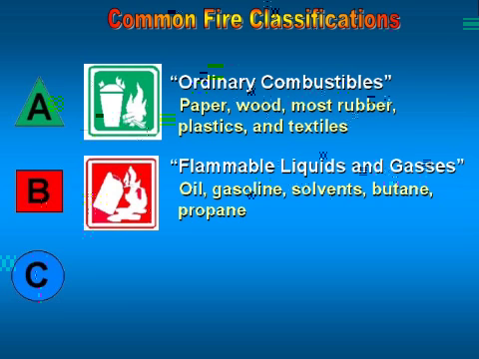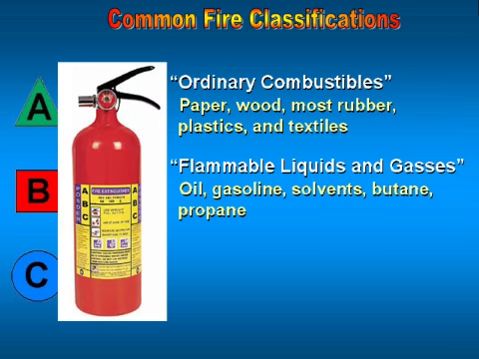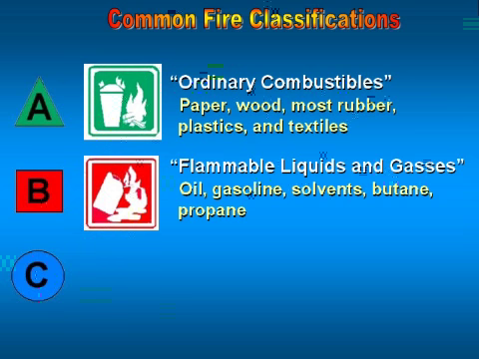Sometimes this is referred to as a dry chemical fire extinguisher, an ABC fire extinguisher, meaning that with this agent that's inside of here, I can fight Class A, Class B, and Class C type fires and not have to worry about it. One extinguisher does all. The thing that we need to understand about ABC or dry chemical fire extinguishers is that they are what we call dirty fire extinguishers.